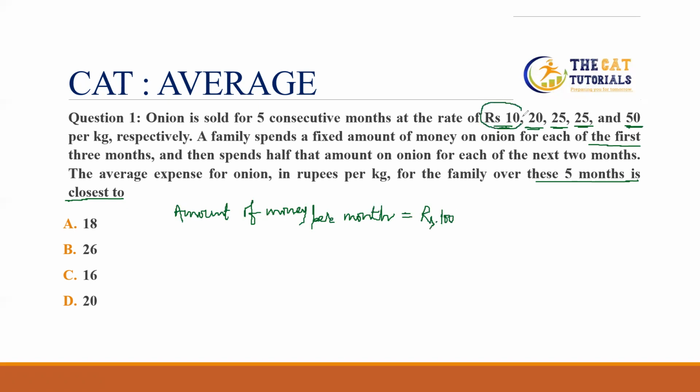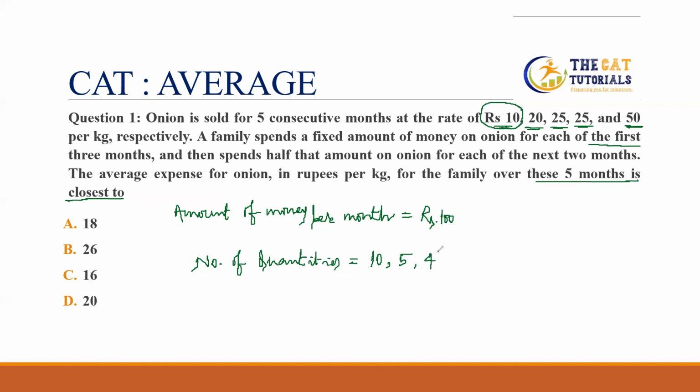So the quantity purchased during the respective month: in the first month, we can purchase 100 upon 10, that means 10 kg. In the second month, 100 upon 20, it means 5 kg. In the third month, 100 upon 25, that is equal to 4 kg.